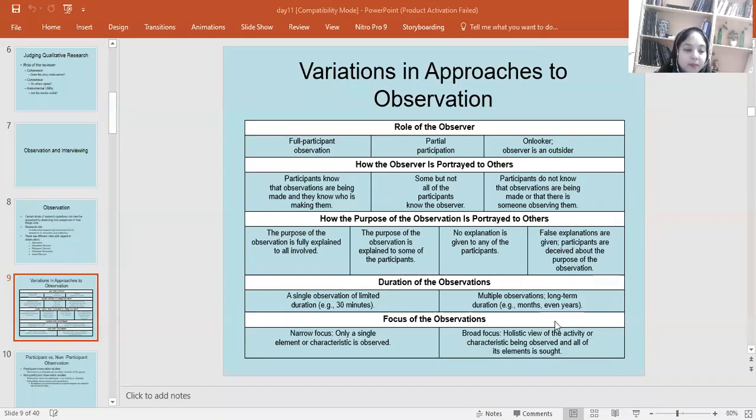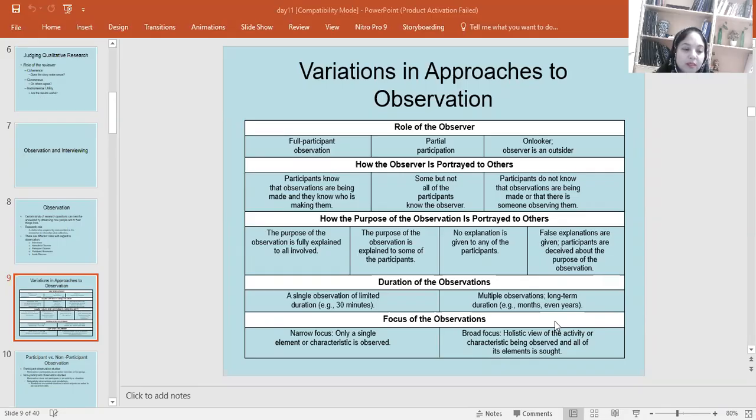There are different roles of the observer, and these roles are full participant observation, partial participation, and onlooker. The observer is an outsider.